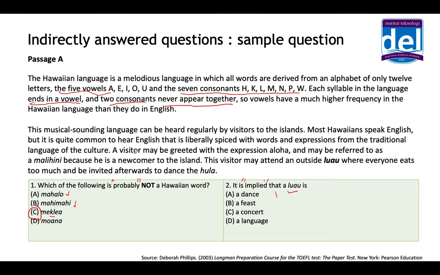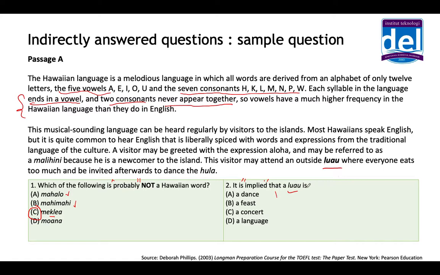We can read very quickly for the word luau, especially in the second paragraph, because we already found answers here for the previous question. Okay, so here we find the word luau, and the question is, what is luau?